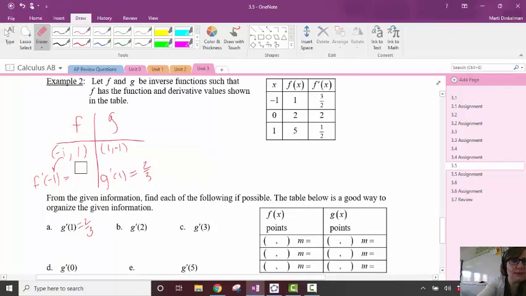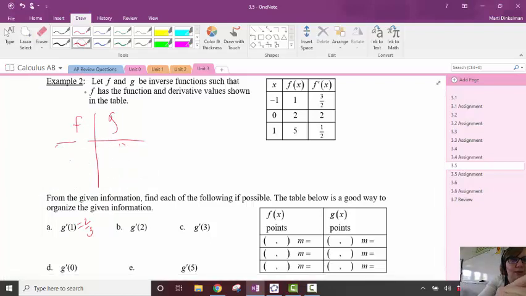I'm going to use the same table, just different information now. So this next one wants g prime of 2. Okay, so g prime of 2, that means we're talking about when we have 2 comma something. We'll find that out here in just a second. Sometimes we need that something because they ask us to find the equation of the tangent line.